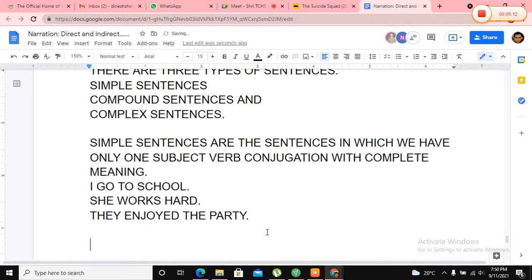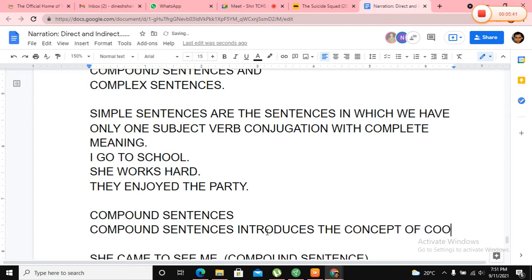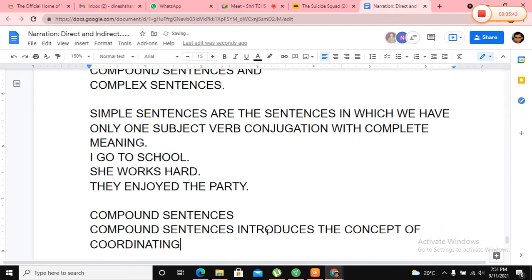The second one is compound sentences. Compound sentences introduce the concept of coordinating conjunctions.